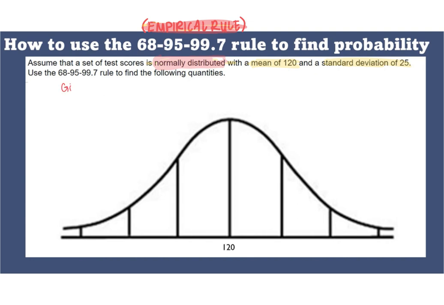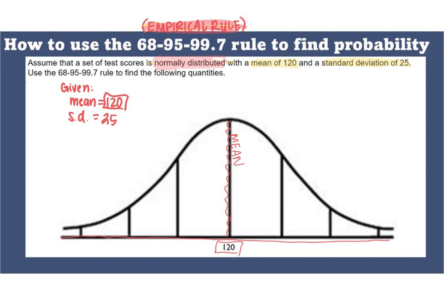Our given information is we're given a mean of 120 and a standard deviation of 25. So we can use that information to fill out the numbers below. And how we do that is we know our mean is always that center mark. Okay, so that is our mean. So when our mean is given, that's where we're going to put it.